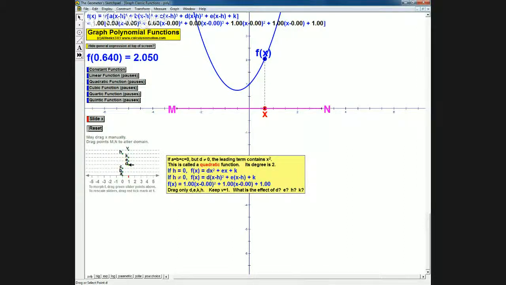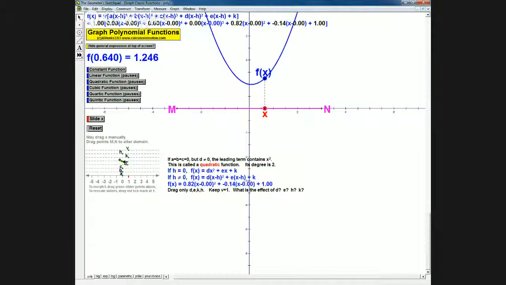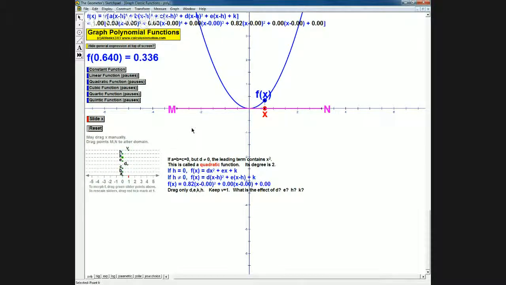Now I can manipulate it. That's y equals x squared. Okay. This here, so families of functions deals with, here's the parent function.